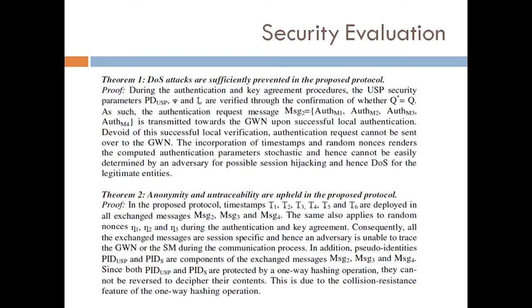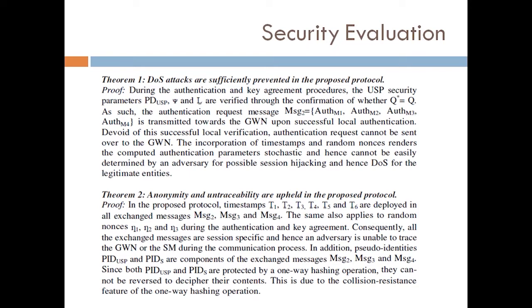We also make use of the authentication request message, MS2, that is transmitted towards the gateway node to validate the received messages. Devoid of this successful local verification, the authentication request cannot be sent over to the gateway node. And again, the incorporation of timestamps and random nonces means that the computed authentication parameters are stochastic and hence cannot be easily determined by an adversary for possible session hijacking and denial of service attacks.